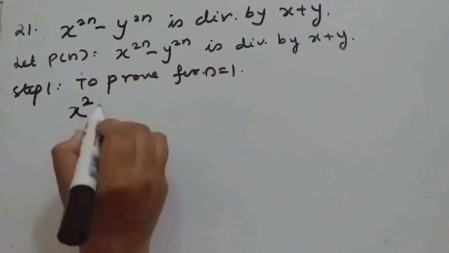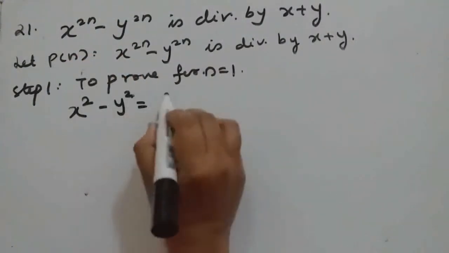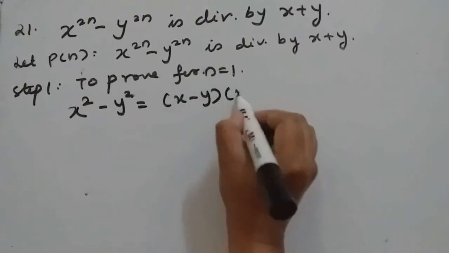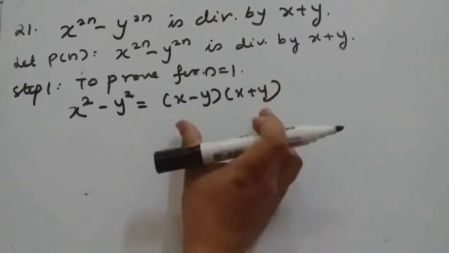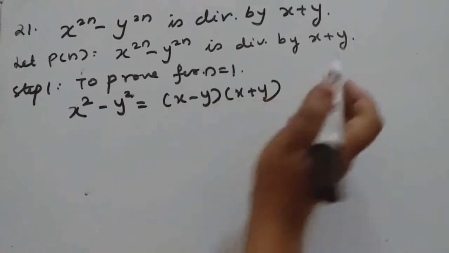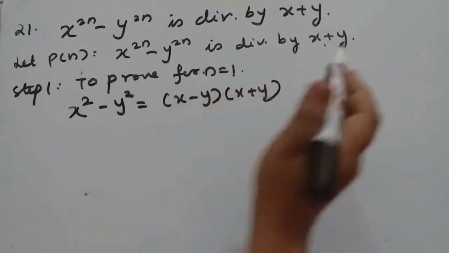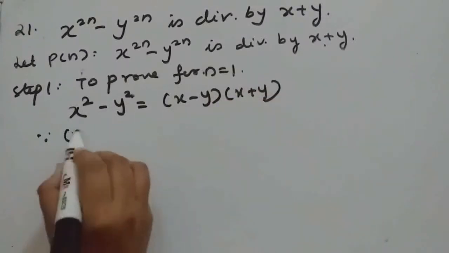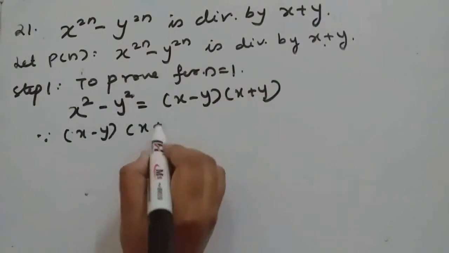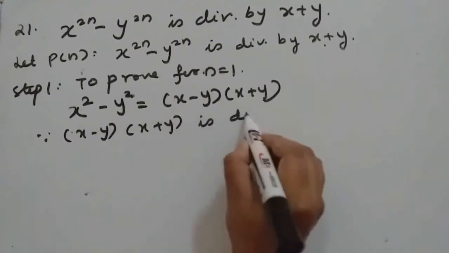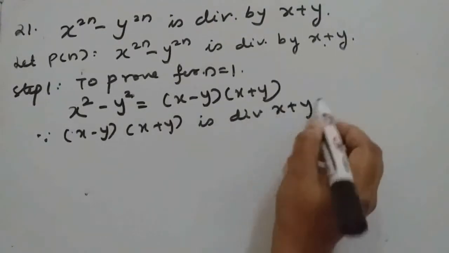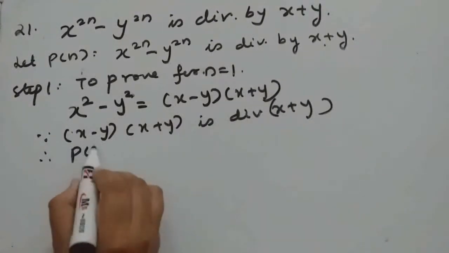So x square minus y square, that we can write as x minus y into x plus y using the identity. Now this expression is divisible by x plus y, and the answer will be x minus y. So since x minus y into x plus y is divisible by x plus y, therefore P of 1 is true.